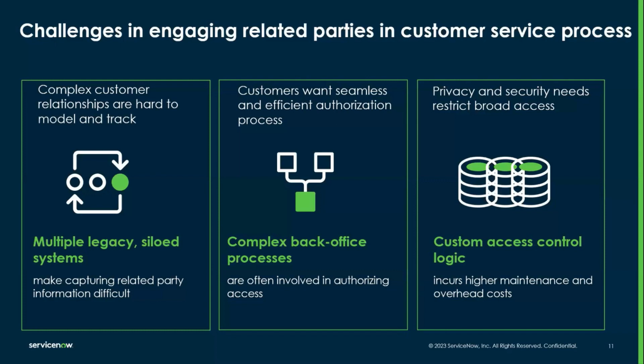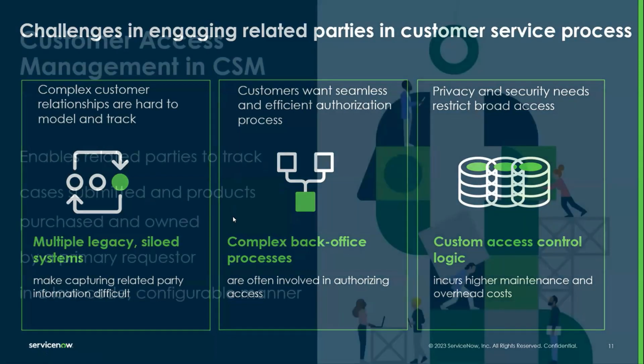Right. Now, the third part, of course, as we talked about, is the level of access needed. It could be something broad, like the ERP case we saw, or something very narrow, like a single case. Now, providing these different levels of access control requires, most of the time, a lot of custom access control logic, which means you're spending a lot of time in maintenance and overhead costs.